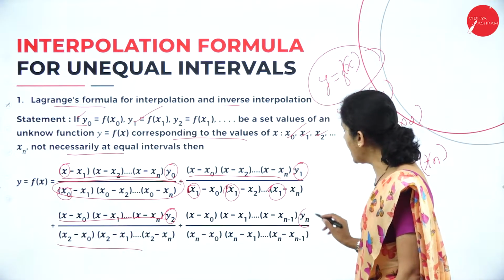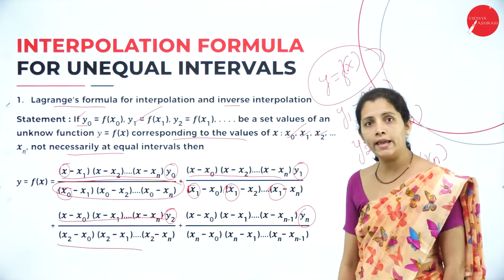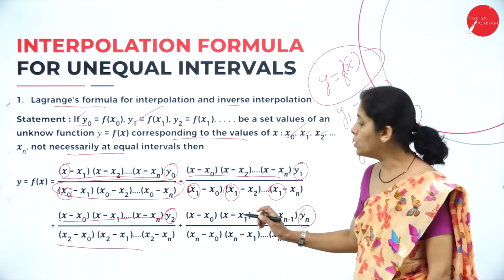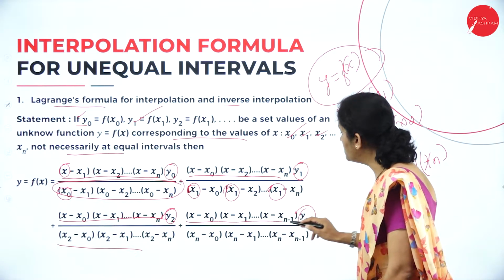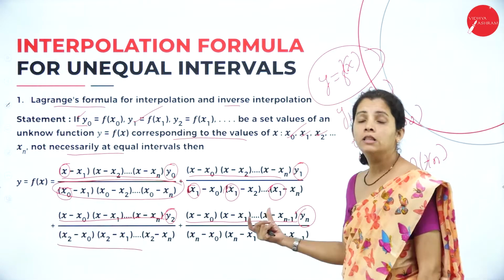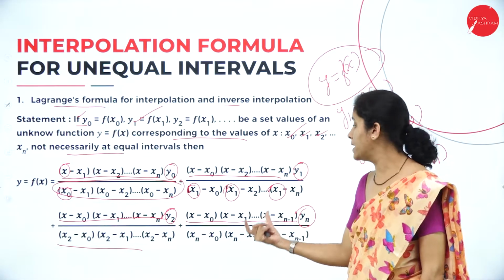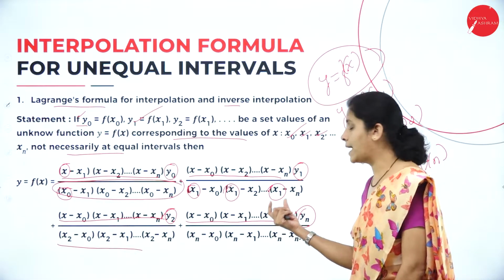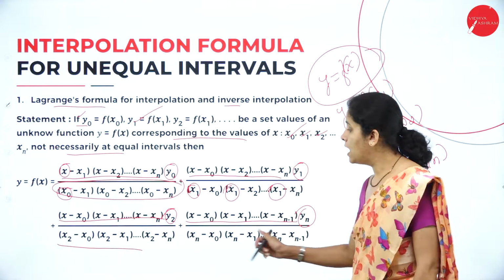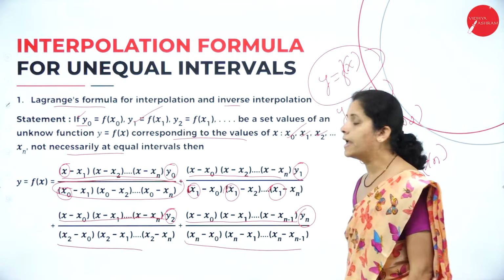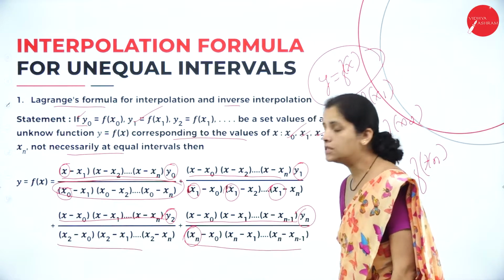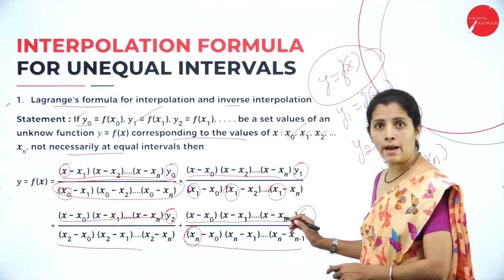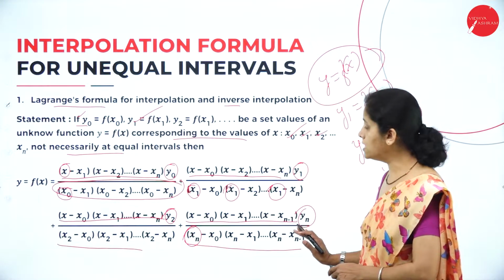and here it is the nth term, so it is yn. If it is yn, I want to ignore the nth term in this equation. So the numerator starts from x minus x naught, x minus x1, x minus x2 up to x minus x(n-1). And below, xn is common, so xn minus x naught, xn minus x1 up to xn minus x(n-1).